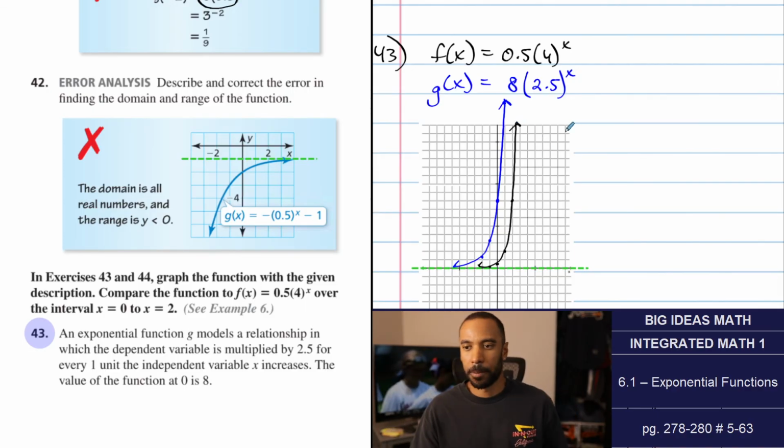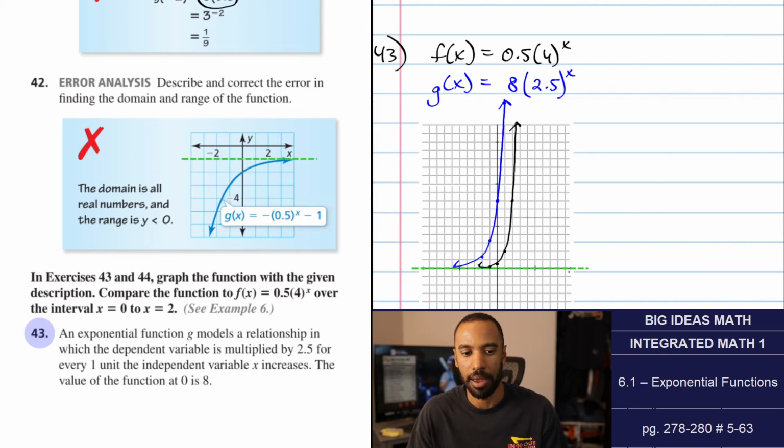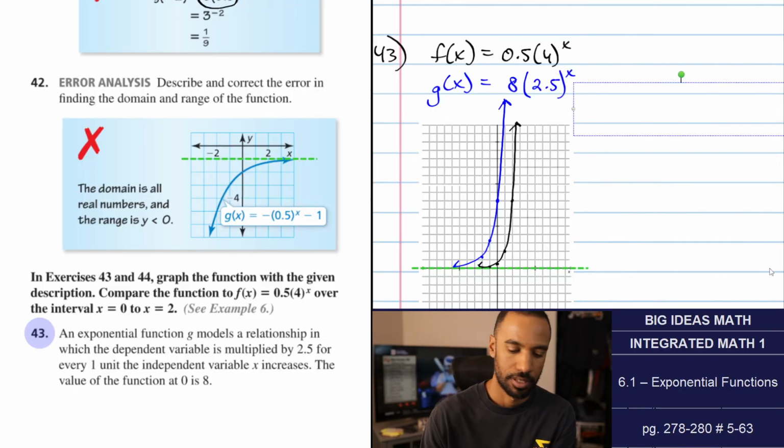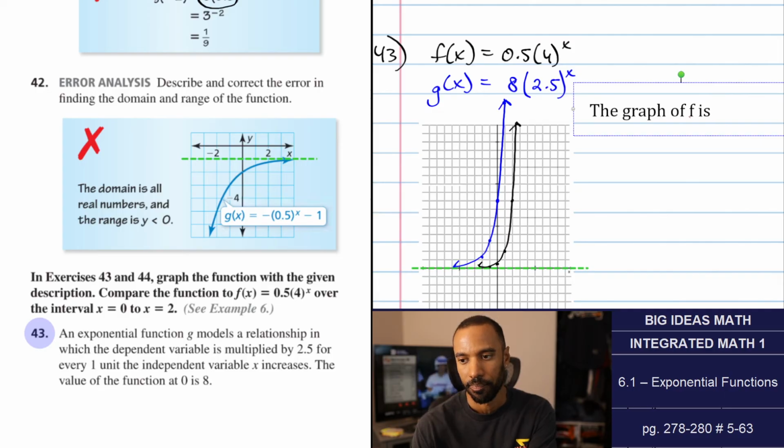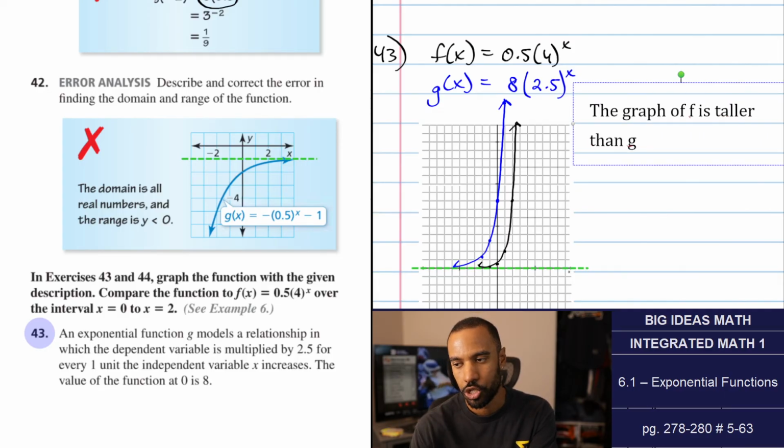I didn't change the scaling. It says compare them. I mean, it starts taller and stays taller. It says compare the function to this one over the interval. The graph of f is taller than g over the entire interval.